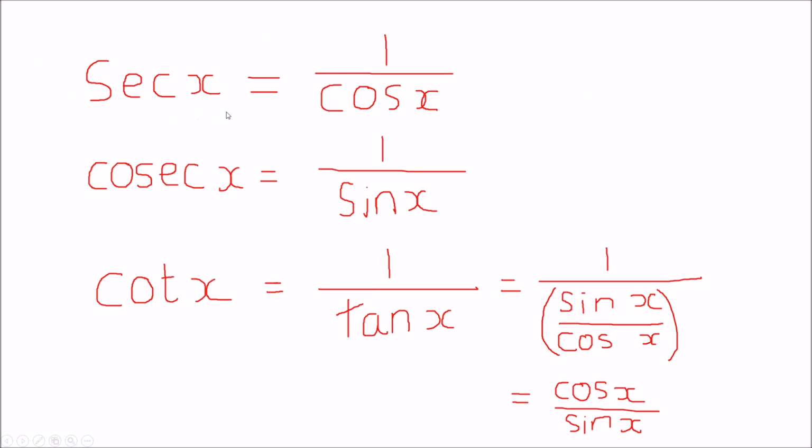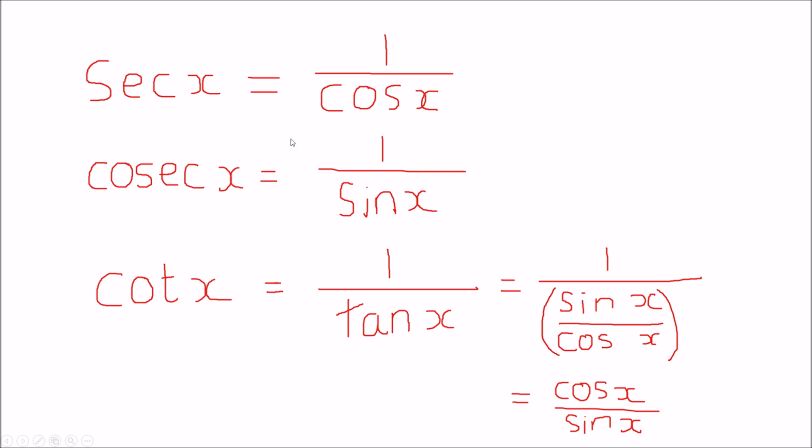In C3, we meet three new functions. The first one is sec x, which is 1 over cos x. We have cosec x, which is 1 over sin x, and we have cot x, which is 1 over tan x. This might be a bit hard to remember at first, but there's one trick that I used to remember it. If we look at the first identity and look at the third letter, 1, 2, 3, is a c, and that tells us it's 1 over cos x.